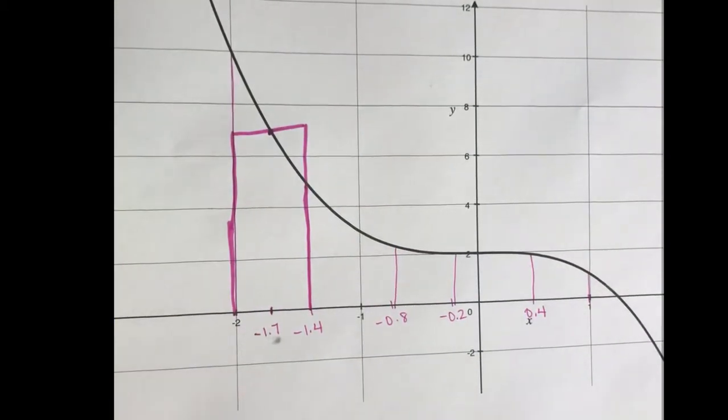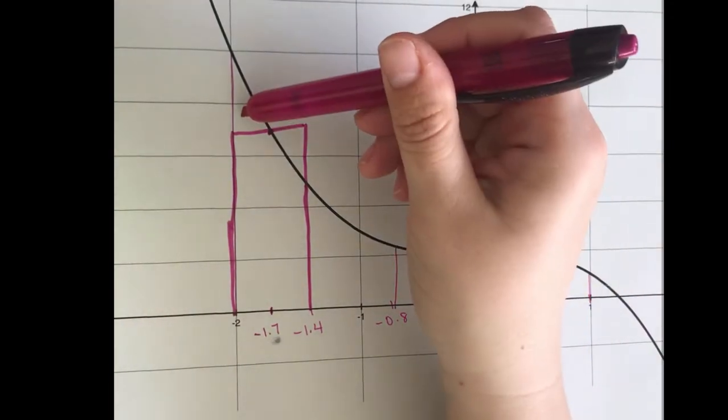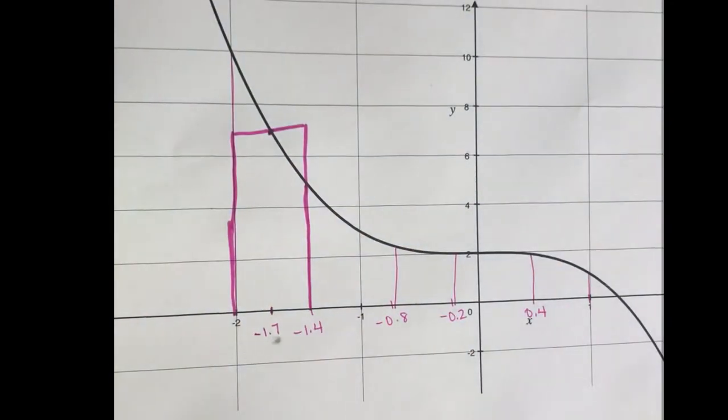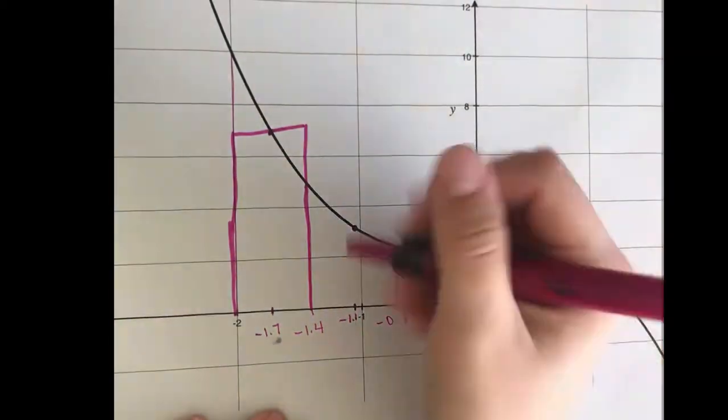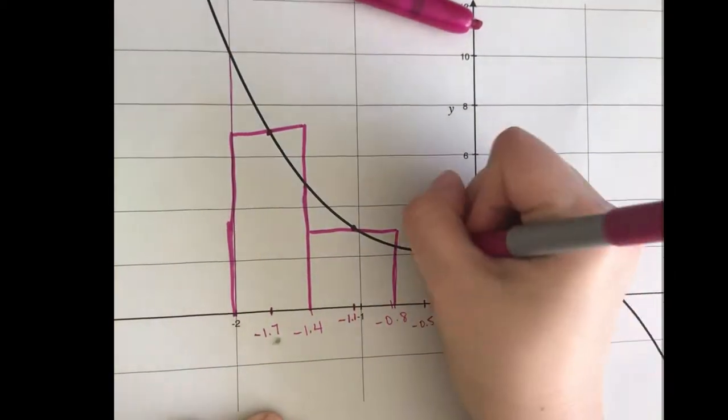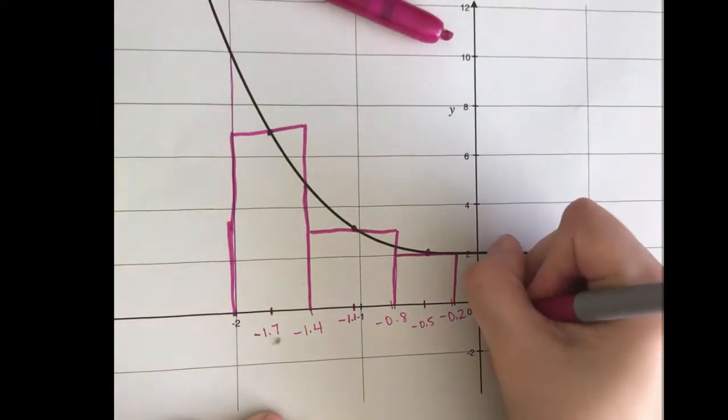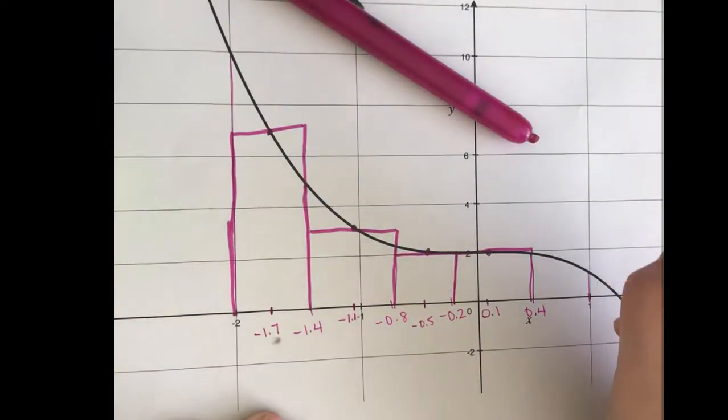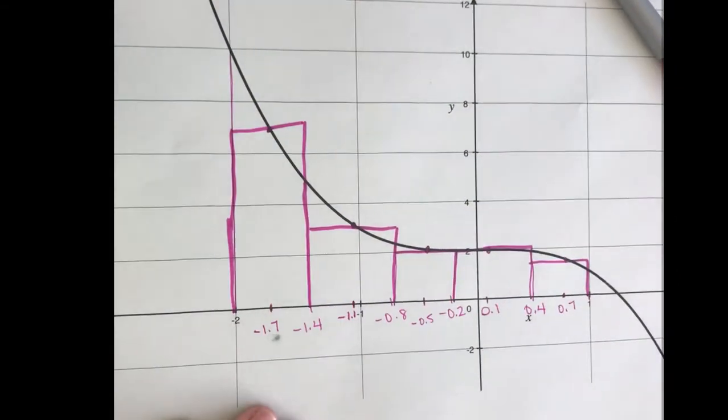We notice that with this type of rectangle, there's a little under approximation, a little over approximation. And as we saw in the lesson, when we have the midpoint, it is a bit of a better approximation because it's going to even out those over and underages. Here are my rectangles with the midpoint.